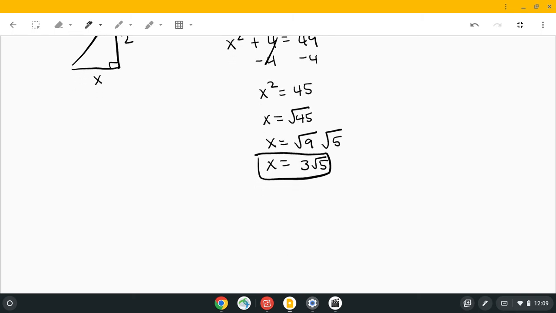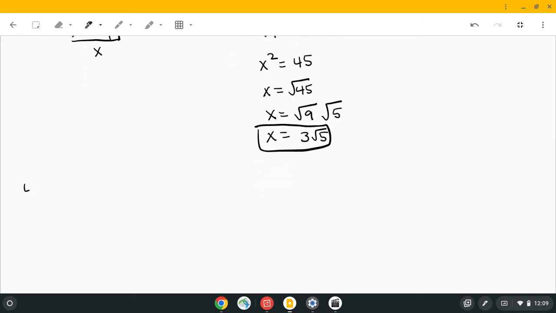Let's take a look at another example, one that's a little more abstract, but same process nonetheless. Suppose that this is x. And suppose that this one is not a nice simple number like the example above, but it is x plus 7, and this is 13.